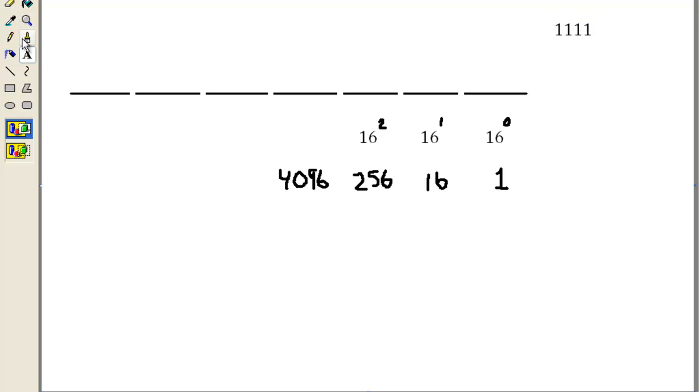Okay, the answer is 4 times. Okay, 4 times 256 is 1,024. So we got 1,024 of these numbers accounted for. Okay, so if we subtract that, that's 87.